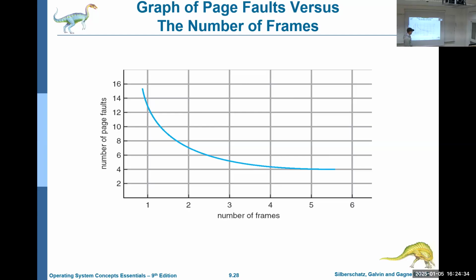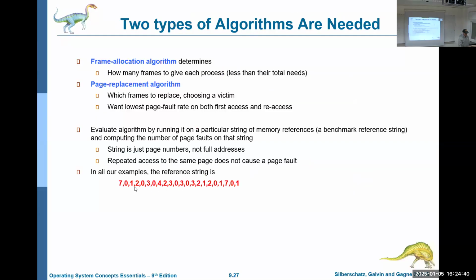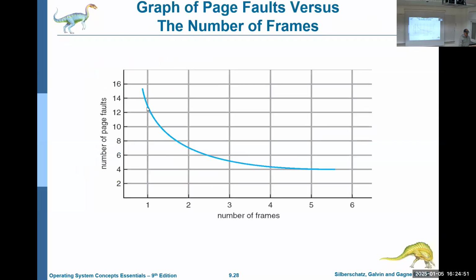Actually look at this example. I never use the same page one after the other. Every time it's a different page. So if I only had one frame, with 15 references here, I'd have 15 page faults. And as the number of frames allocated goes up, I'll get to a certain point.